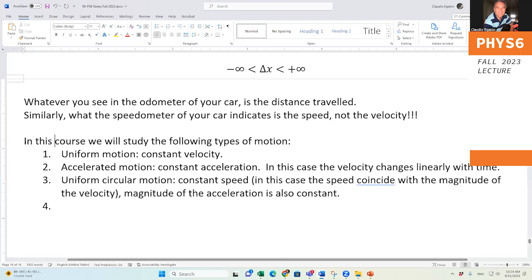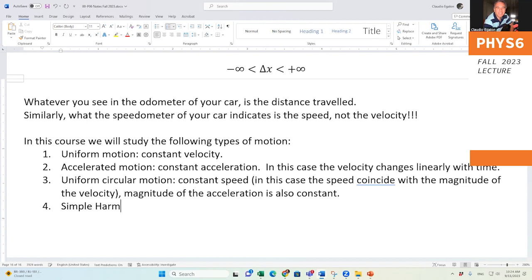Another type of motion that you are going to see in physics 39, not this course, is vibration, which we call simple harmonic motion.